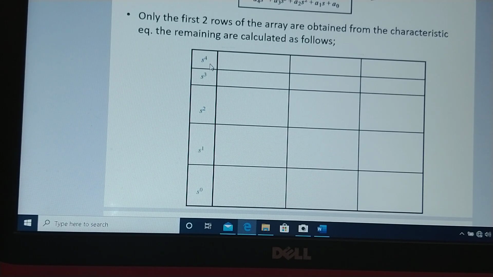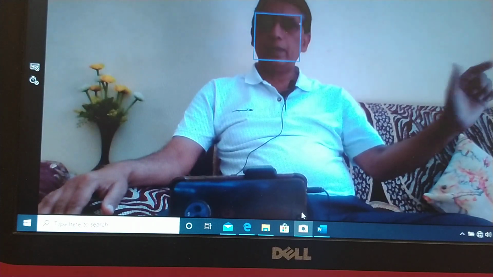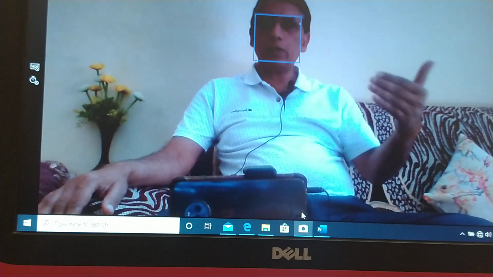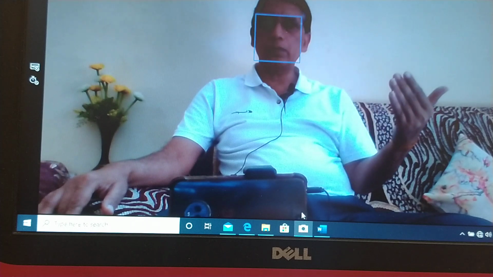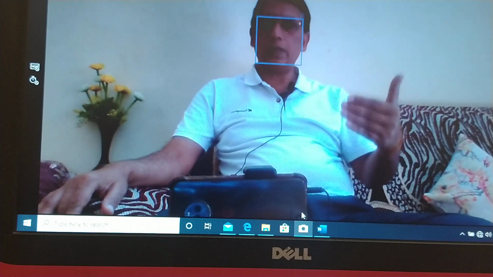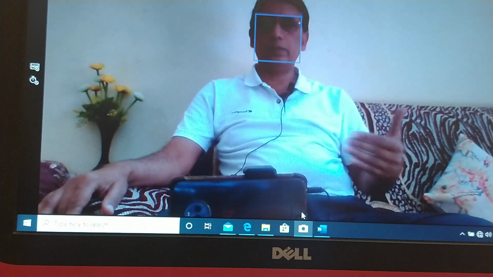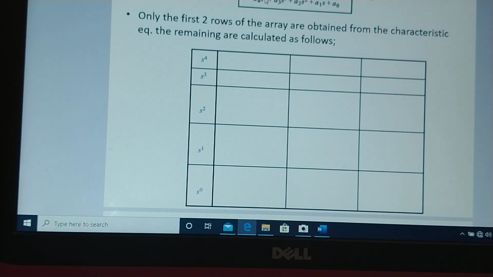We have to write any characteristic equation in decreasing order of powers of s. So here we have s to the power 4, s to the power 3, s to the power 2, s to the power 1 and s to the power 0. We are writing in the decreasing order first.